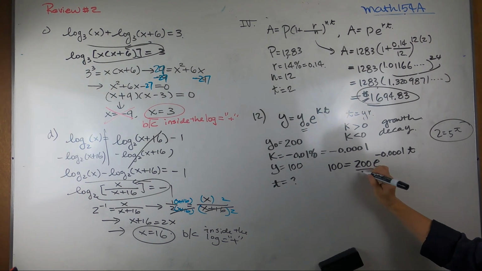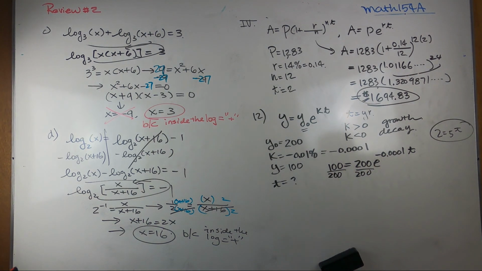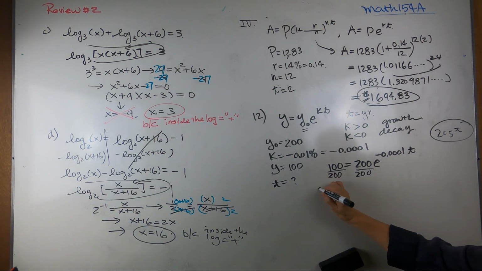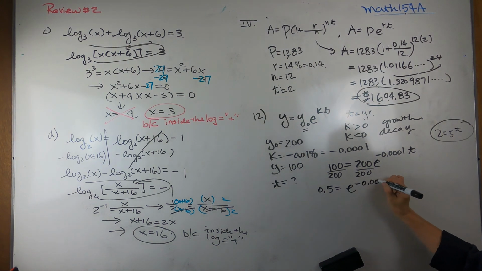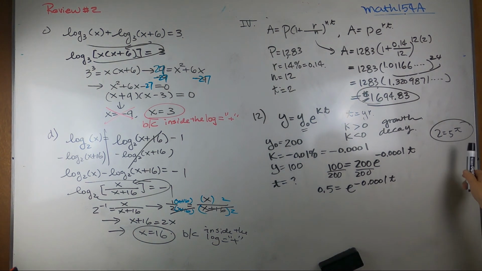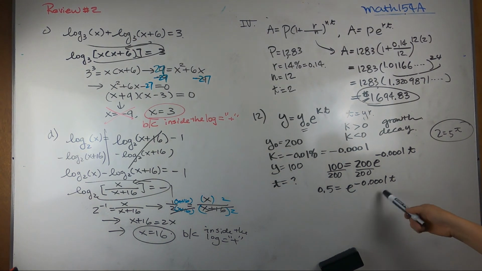So you have to get rid of 200. Often you just get stuck there, so you have to do that first. It becomes 0.5 equals e to the negative 0.0001t. So your variable is in the exponent. Then what do you do? Solve it.